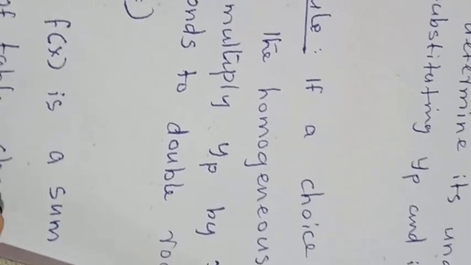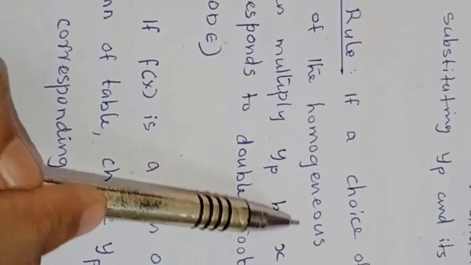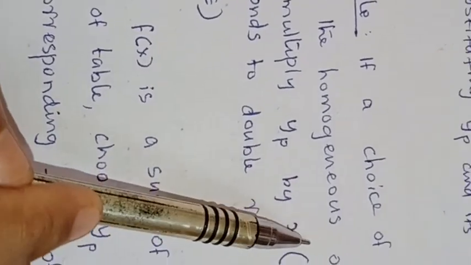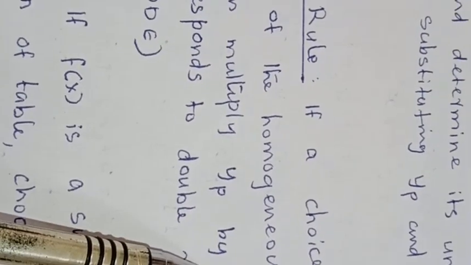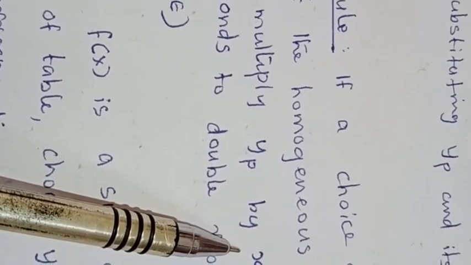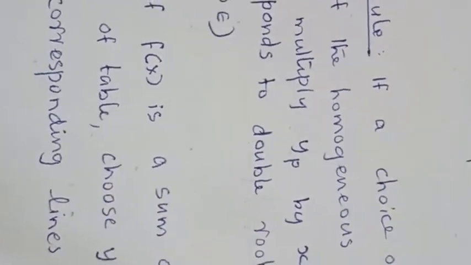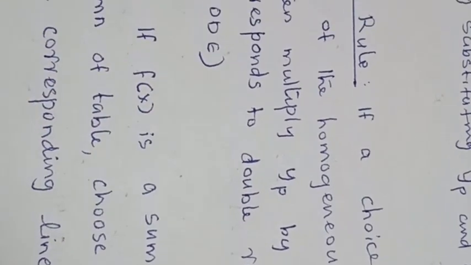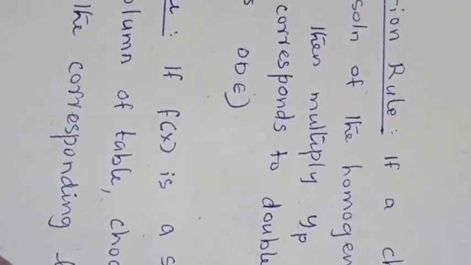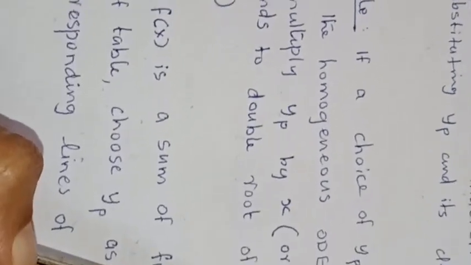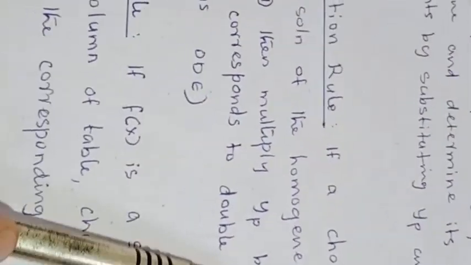Then you multiply the selected yp by x if the root has multiplicity 1, or by x square if it is a double root. And this will be very clear when we do a few problems based on this concept.